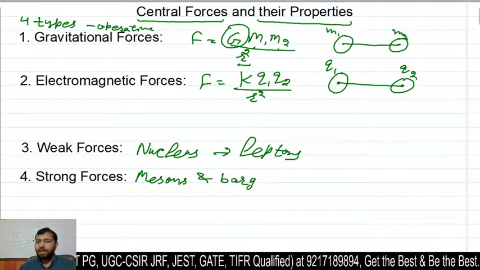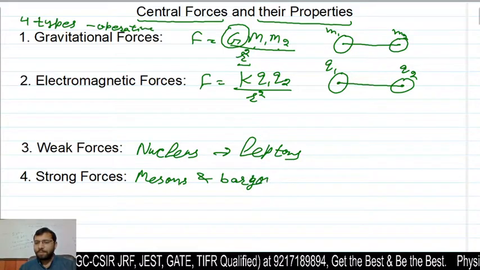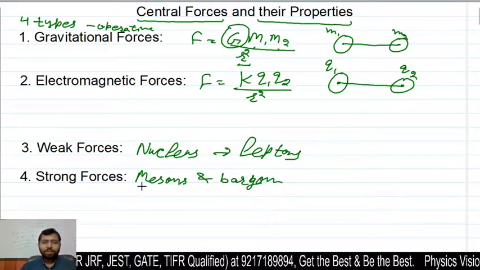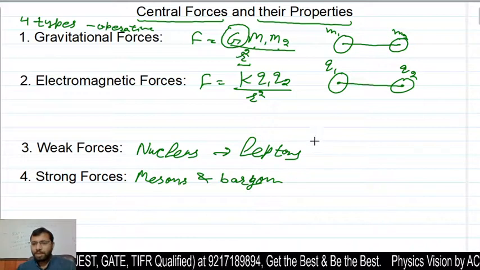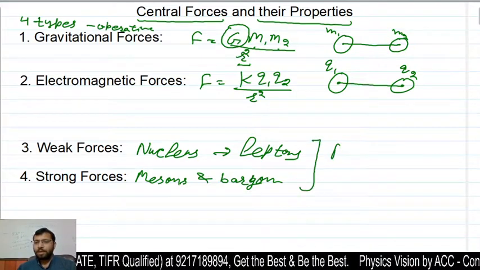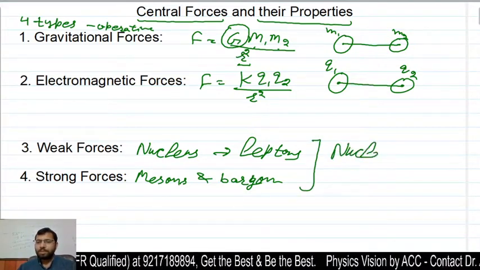Baryons are the heavy weight particles, and mesons are the middle weight particles. So these two are the nuclear forces.